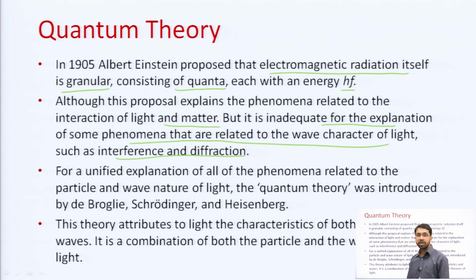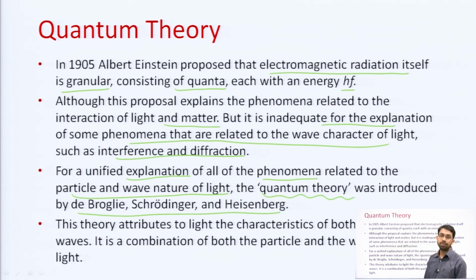So, for a unified explanation, what did they do? They considered that light has a dual nature. Sometimes it has the nature of a particle, and at other times it has the nature of a wave. For a unified explanation of all the phenomena related to the particle and wave nature of light, quantum theory was introduced by de Broglie, Schrödinger, and Heisenberg. So, later on these three scientists proposed another theory that is called quantum theory.